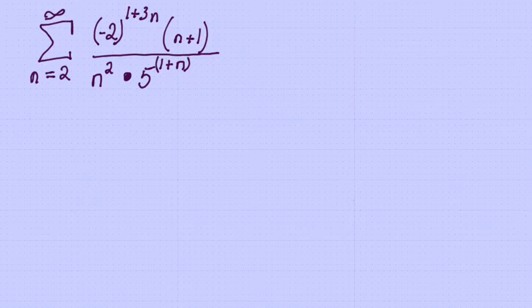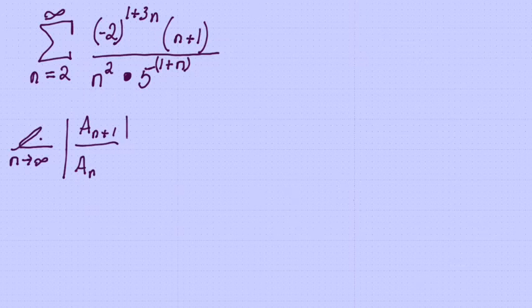So now we are going to look at the limit as n tends to infinity of the absolute value of a sub n plus 1 over a sub n. Because we're looking at the absolute value, I'm going to ignore the fact that the 2 being raised to the power is negative. That isn't going to change anything for us.